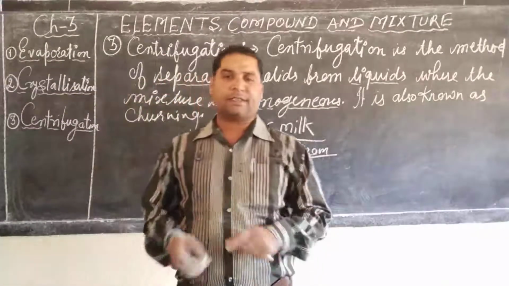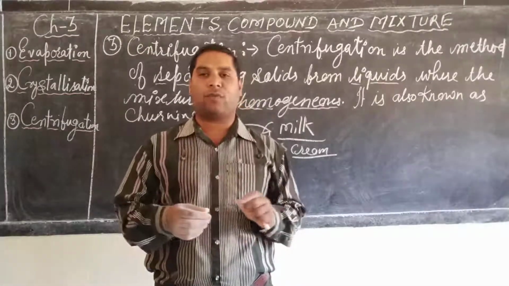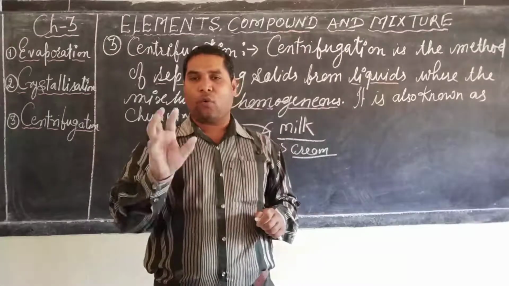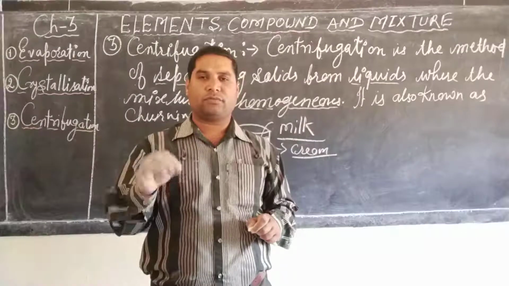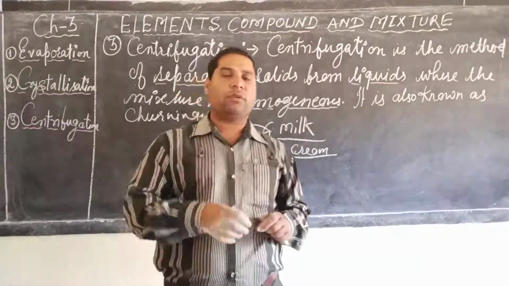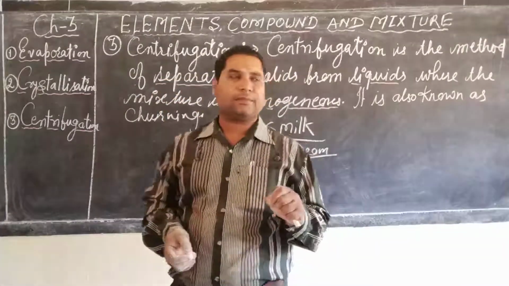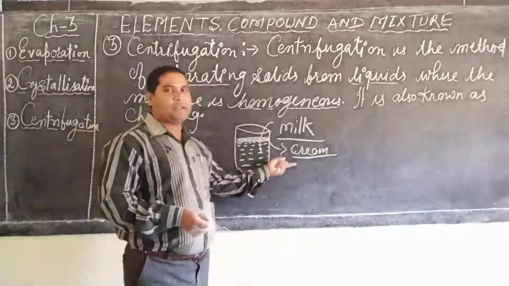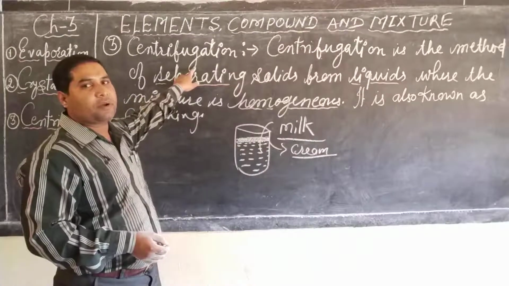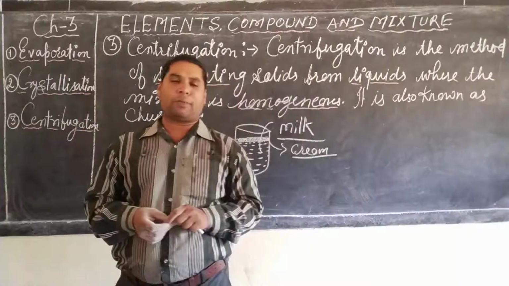In the olden days, cream was separated by this process only. Even now, based on the centrifugation process, a washing machine squeezes out water from wet cloth. Also, in the dairies, cream is separated from the milk with the help of the centrifugation process. It is one of the oldest methods to separate.